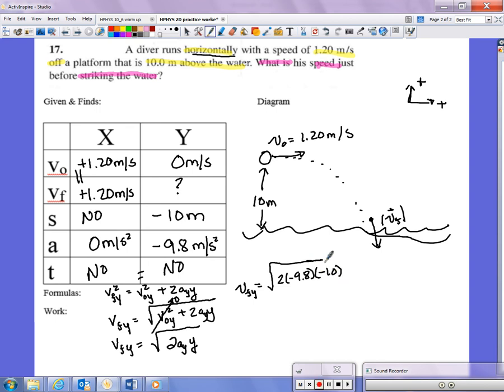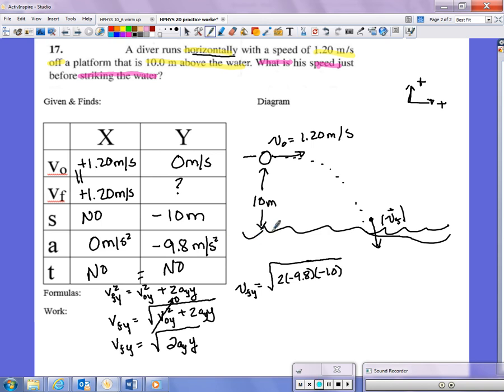Now, if you were doing this and you were left with a negative sign under the radical, it's very possible that you left this as positive as opposed to saying this is my ground point, my frame of reference point, and I'm traveling down 10 meters.